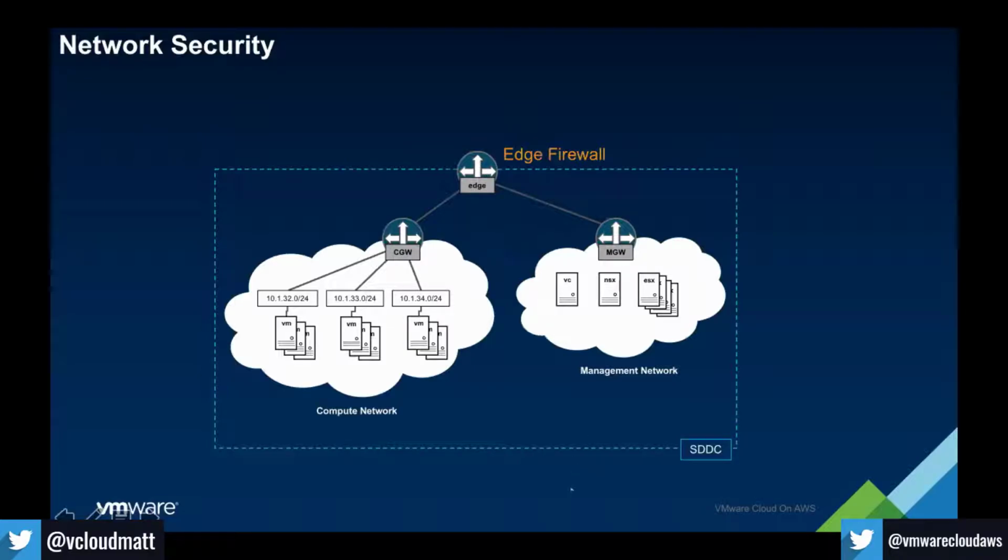Now, a second layer of firewalling is the distributed firewall. The distributed firewall happens within the logical overlay. So, in other words, it's not really being enforced on the CGW. Typically, when people think of network security, they're imagining a centralized device performing that.